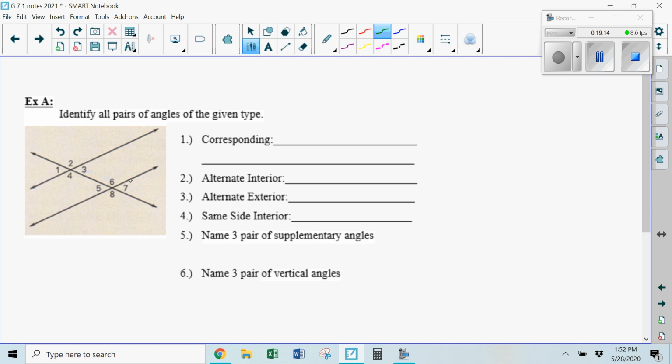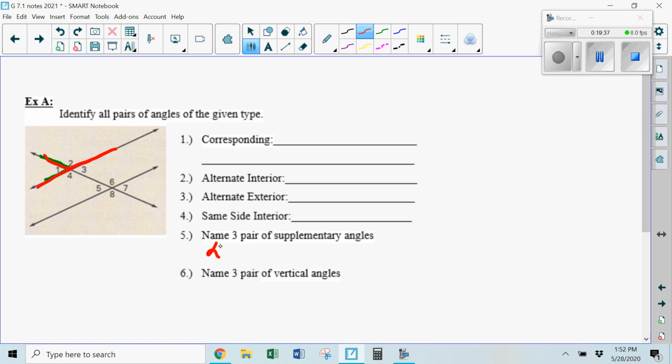Number 5, name 3 pairs of supplementary angles. Remember from the video, I talked about some things we learned a while ago, how angle 1 added to angle 2. Look what happens when I add these angles together. See how they make this straight line here? Those are what we call a linear pair, a pair that forms a line.